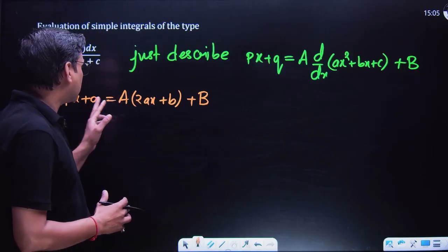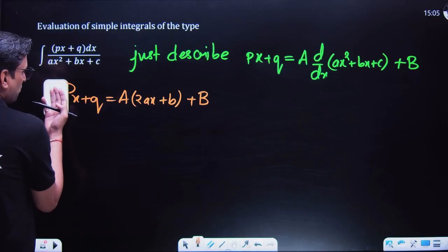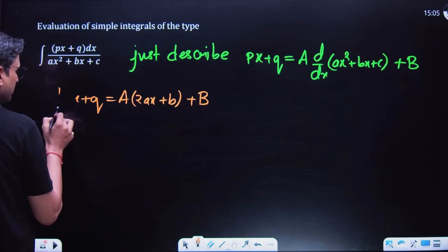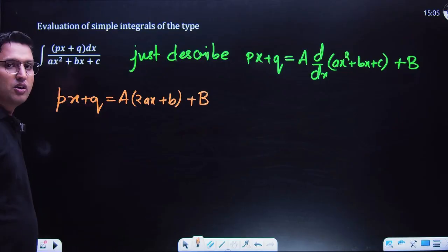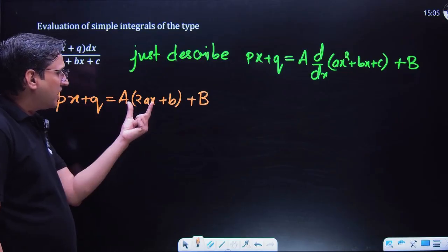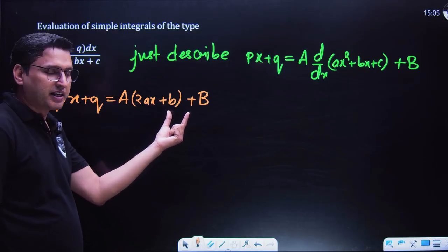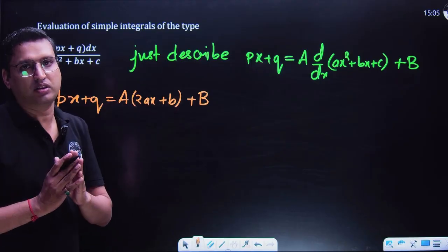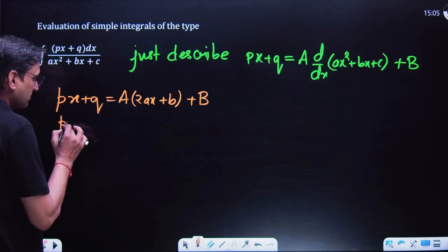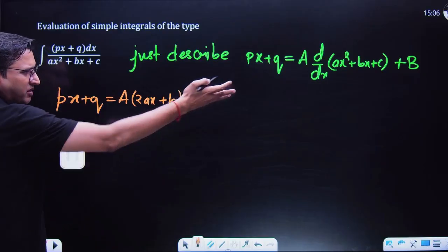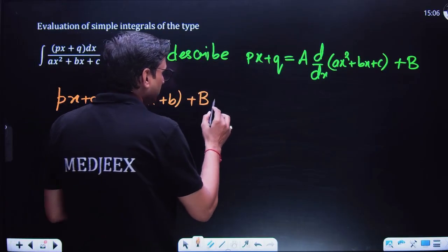Now px plus q, not so capital, just mention like this. Okay, now what I'll do, after multiplying this A into the bracket, I can just compare the results. Likewise this. Now you can continue in the same line also.